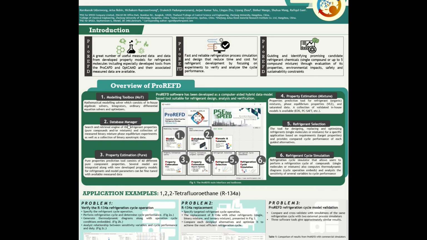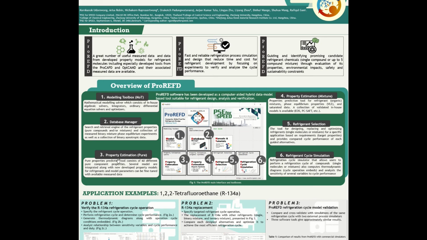Second, Database Manager. This tool is for searching and retrieving refrigerant properties. Furthermore, it holds the collection of measured binary VLE data as well as azeotropic data. There are almost 1,800 compounds, with more than 300 refrigerant compounds, in this database.